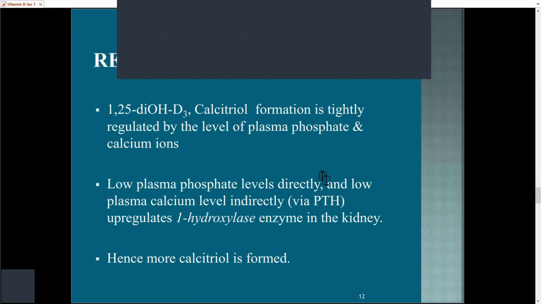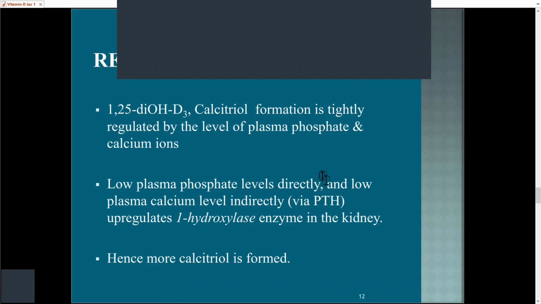Now, let's discuss the regulation of vitamin D or D3. The formation of calcitriol is not random. It is tightly regulated by the levels of plasma phosphate and calcium ions. Specifically, low plasma phosphate levels directly stimulate the 1-hydroxylase enzyme.